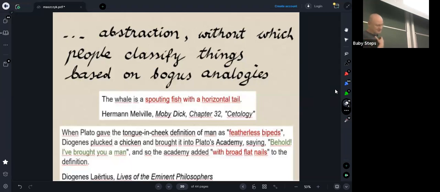So let me read it. When Plato gave the tongue-in-cheek definition of man as a featherless biped, Diogenes plucked a chicken and brought it into Plato's academy, saying, "Behold, I brought you a man." And so the academy added "with broad flat nails" to the definition.